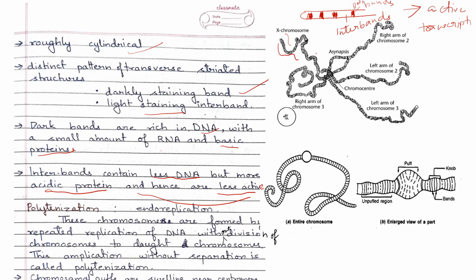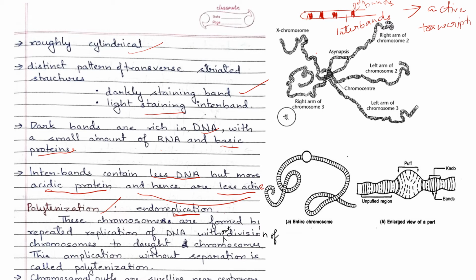Now what do you mean by polytenization? These are known as Polyteen chromosomes, right? So what is polytenization or endoreplication? You can see that these chromosomes are not separated from each other. There are many chromosomes joined at a single point. This process is known as endoreplication.